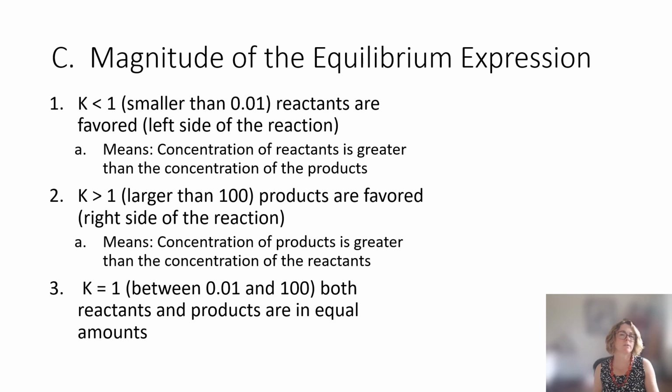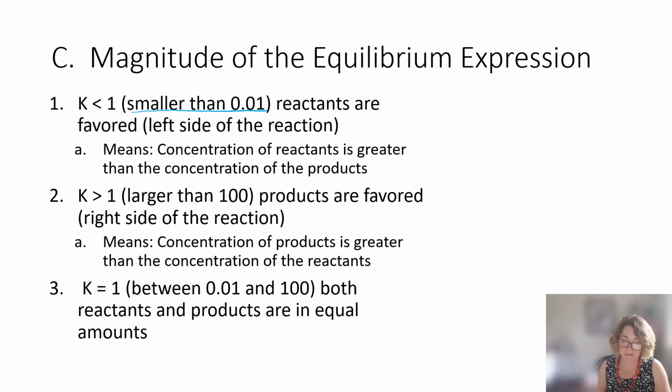All right, so let's talk about what those numbers mean. What does the magnitude of that equilibrium constant represent? Well, if K is less than 1, and in general we're talking smaller than 0.01, then the reactants are going to be favored. So think about the equilibrium leaning to the left side of the reaction.